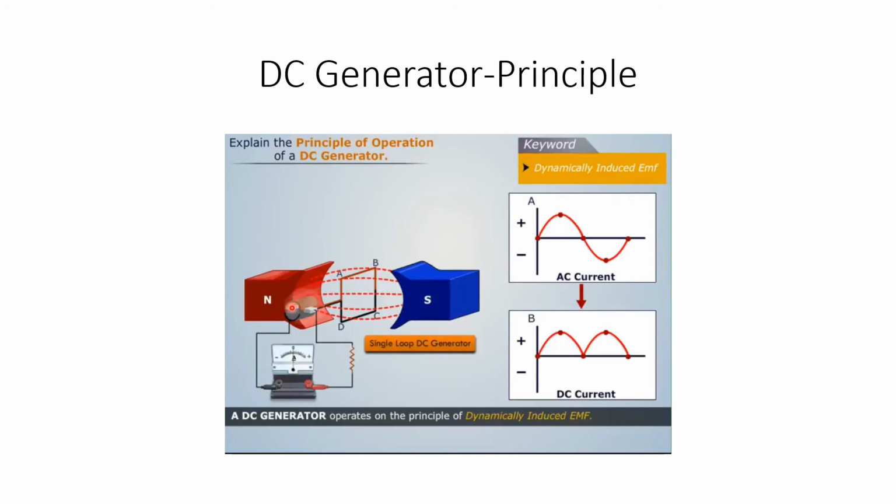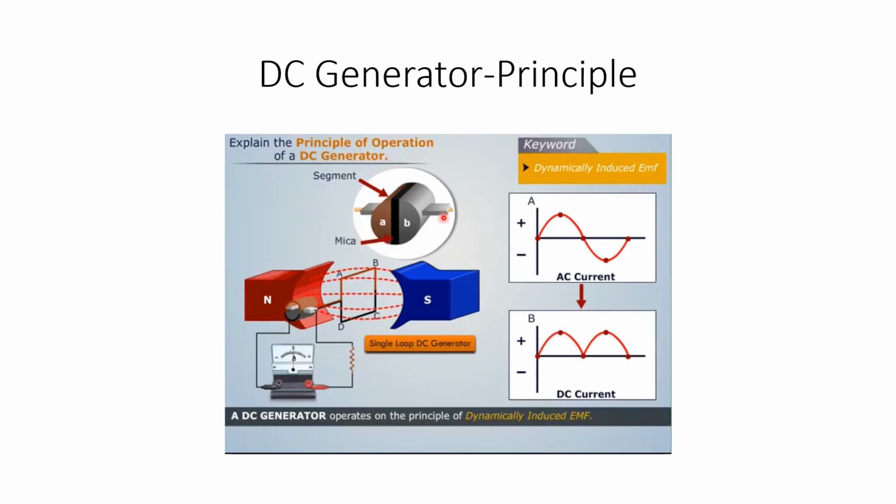So this device is the commutator. How does this commutator device convert? Check it out. It has two segments, A segment and B segment, separated with an insulating layer made of mica, and it has two brushes.